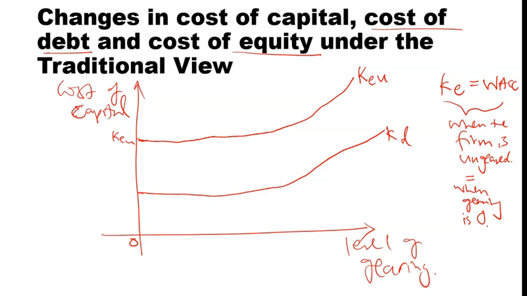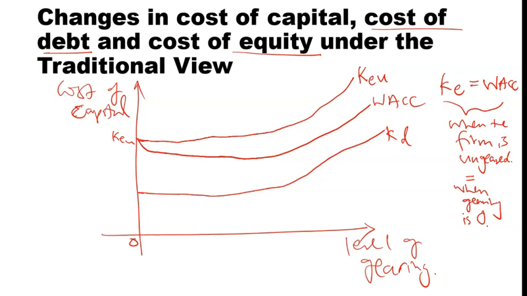So the WACC graph also starts at the same point. Initially it will fall, but it will also rise as gearing increases.